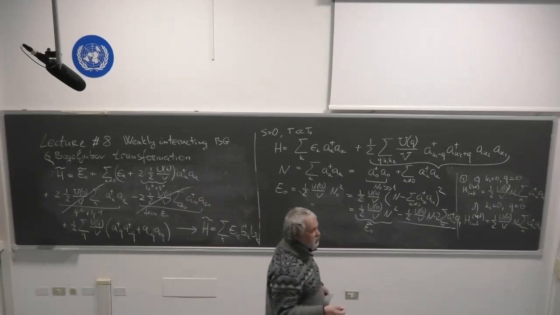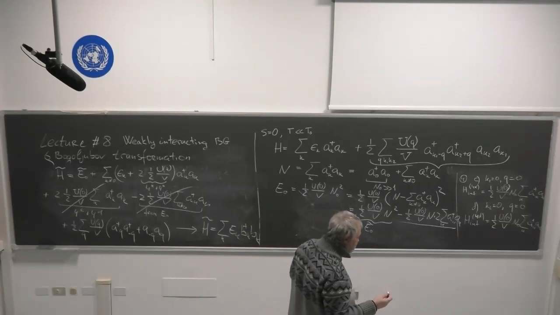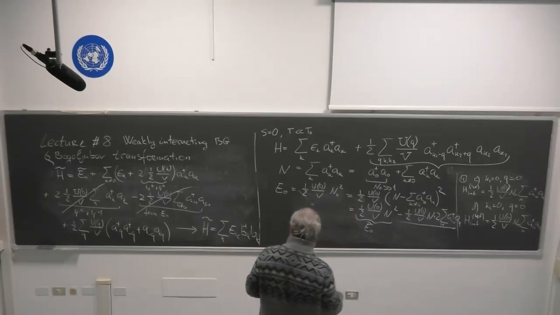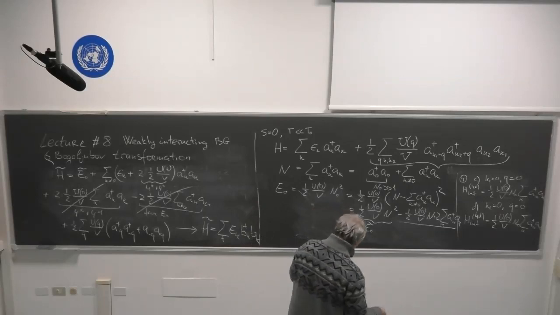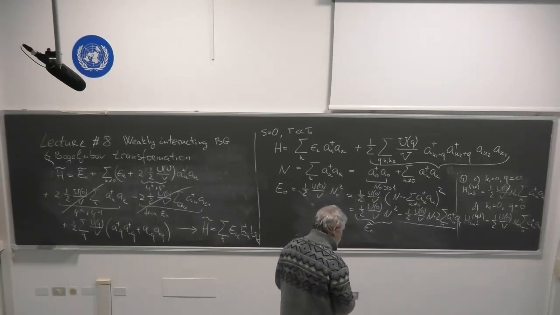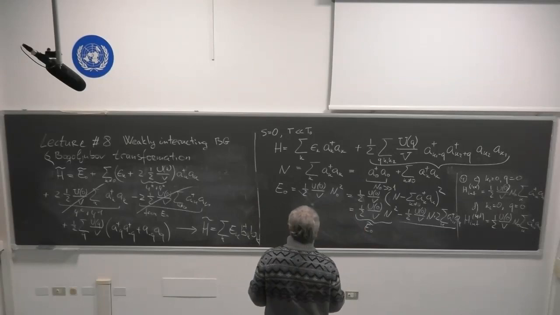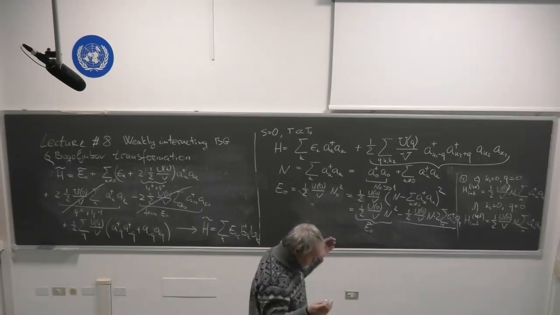This procedure is known as the diagonalization of the Hamiltonian. The new operators describe new excitations. Okay, so let's go.